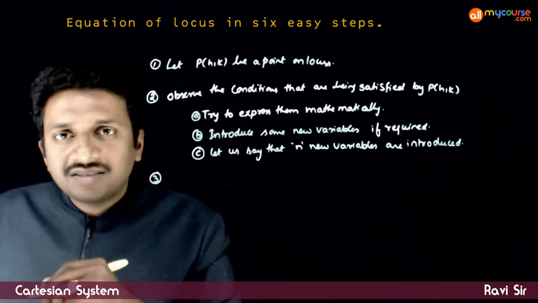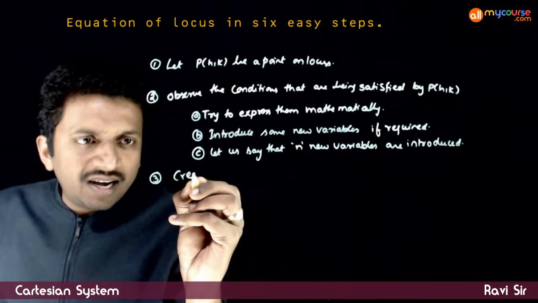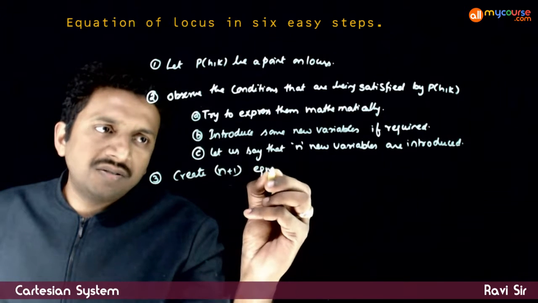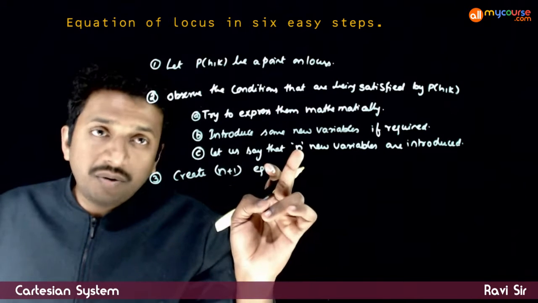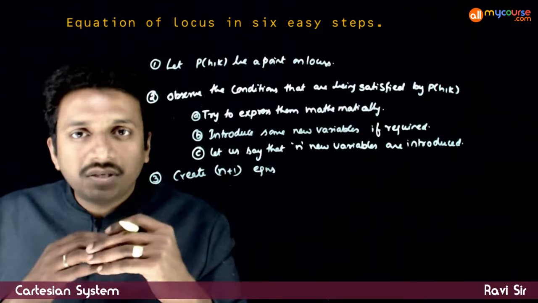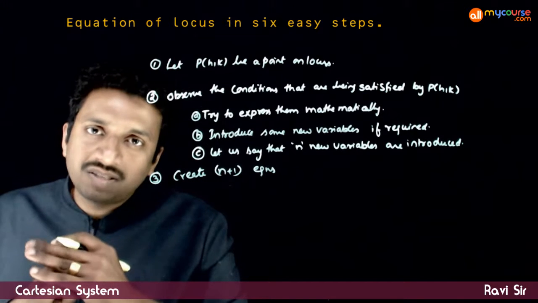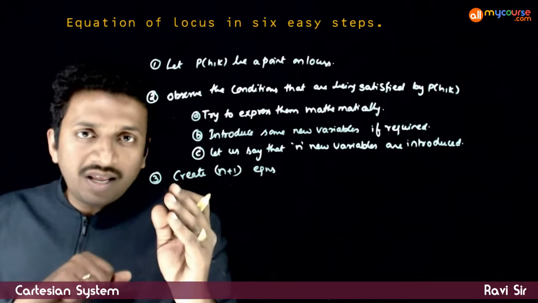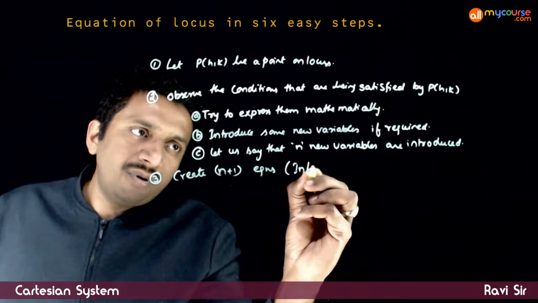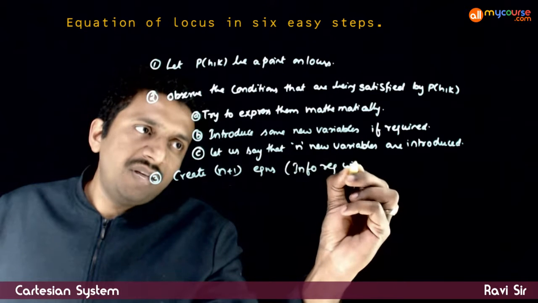So the next step is to create n+1 equations. Whenever you introduce n new variables, you need to create one equation more than the number of variables that you have introduced. The info required will be given in the question.